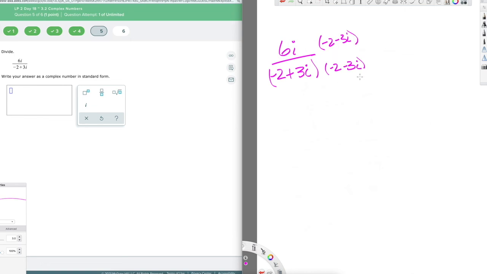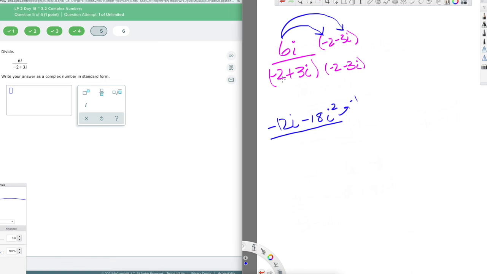So on the top, and I'm just going to switch my numbers here, I have 6i times -2, so that's -12i. 6i times -3i, so 6 times -3 is -18. i times i is i squared. Remember, i squared equals -1. Over, on the bottom here, we want to make sure we're doing the multiplication.